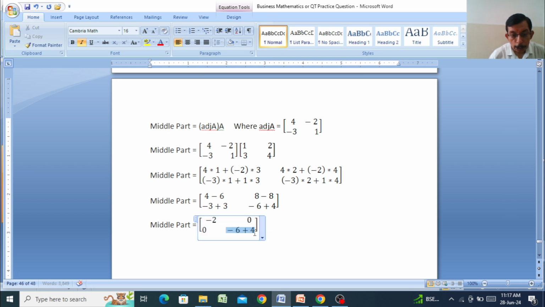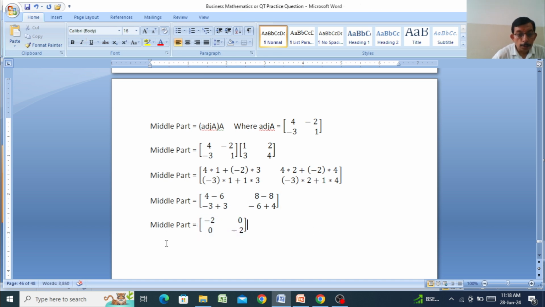Minus 6 plus 4 is minus 2. The value determinant is this.